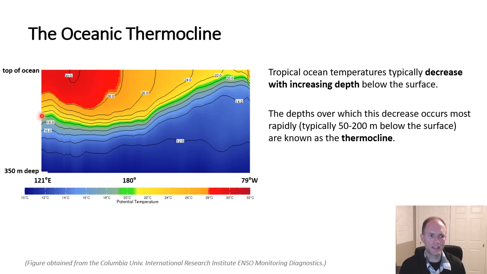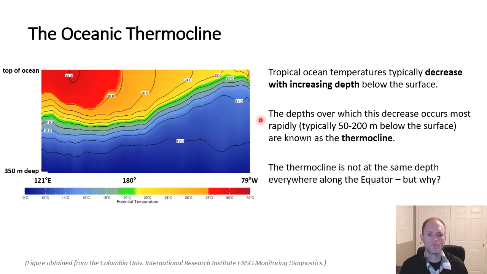And here we see that it is found at deeper depths, roughly 200 meters deep, here in the western portion of the Pacific Ocean, and at much shallower depths here in the eastern portion of the equatorial Pacific Ocean. So as we see through this figure, the thermocline's not at the same depth everywhere along the equator. It's typically deeper in the western portion of the basin and shallower in the eastern portion of the basin. But why?